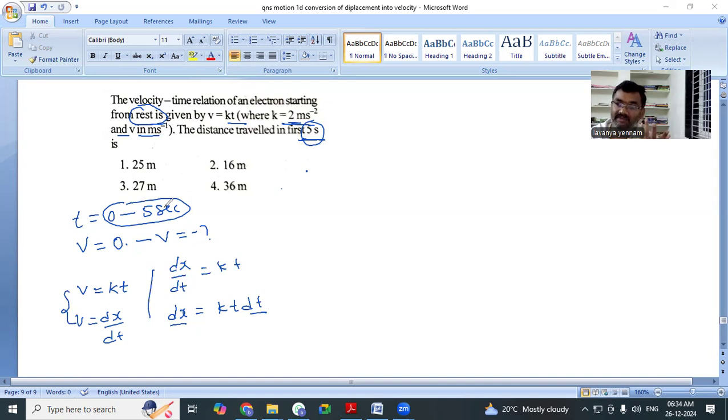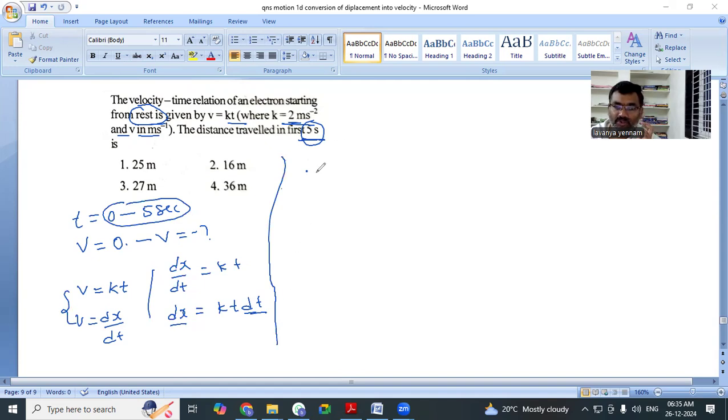To find the final displacement, all the displacements have to be calculated and added. Now, instead of adding here, what are we doing?